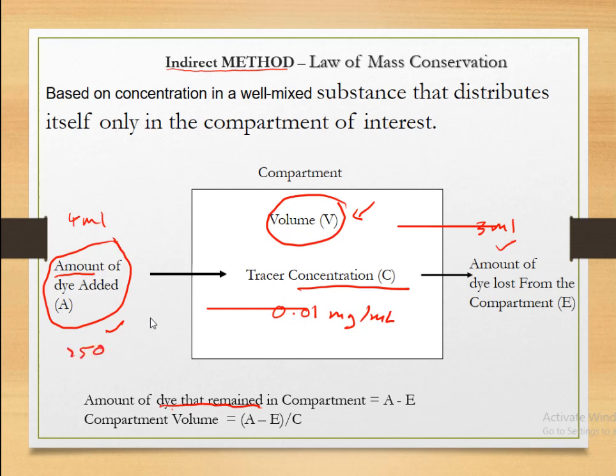And then we also need to understand that 10 milligrams of sucrose were lost in the process. So in order for us to find the volume for that question, we'll just use that formula there, whereby we say 150 milligrams minus 10 milligrams over that concentration.